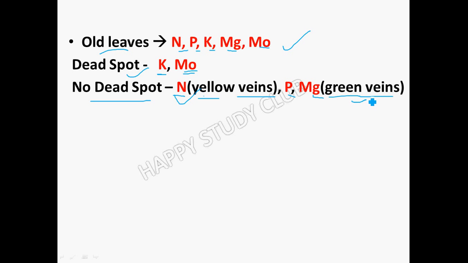And for phosphorus, what symptoms can be seen when there is phosphorus deficiency in a plant? The leaves would turn purple.